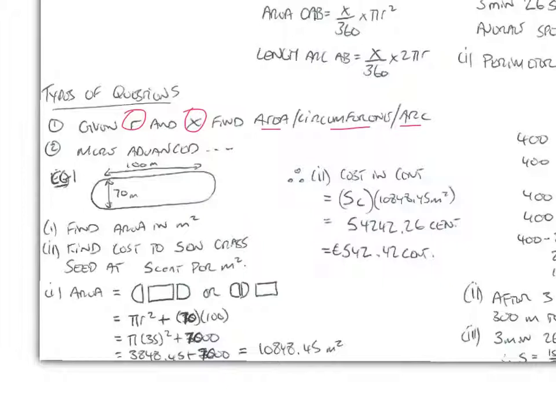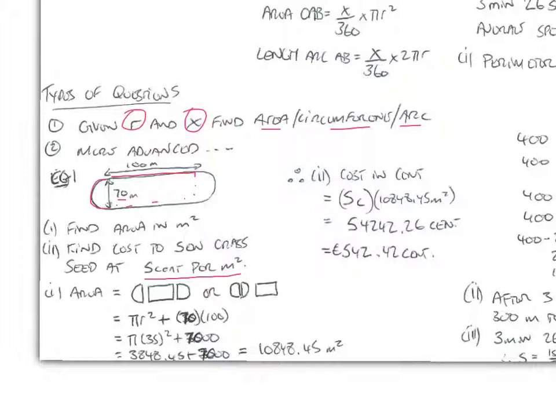The more advanced problems are something like a running track, where you're given a running track here of 70 metres, the diameter of that semicircle there, and 100 metres across of the rectangle that is there, but you don't see it. And you're asked to find the area in metres squared, and having done that, maybe find the cost to sow grass seed at 5 cents per square metre.